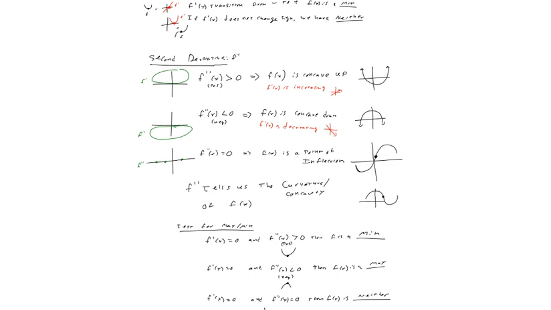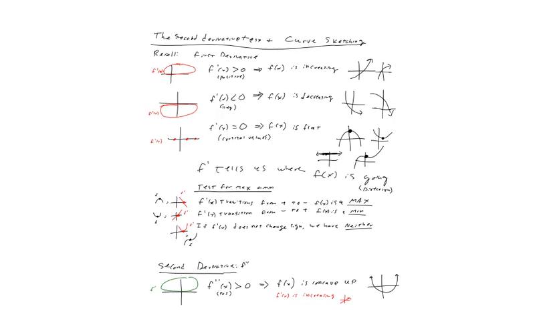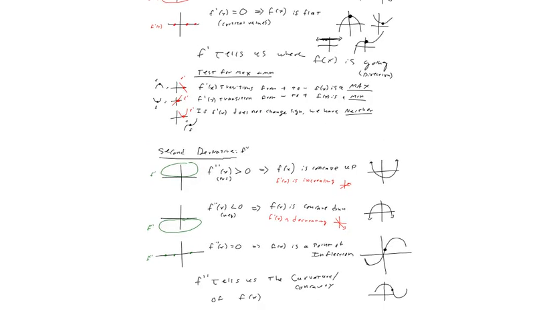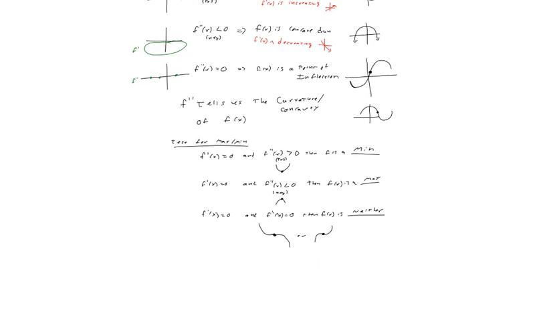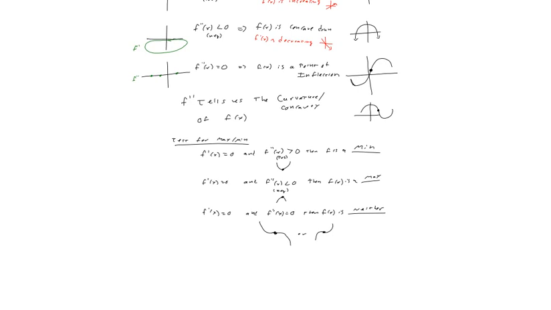The first derivative tells us direction, increase, decrease, and flat spots, maxes and mins and critical values. Okay? So direction and curvature. Let's take a look at some graphs and see what we can do to interpret some of these situations.